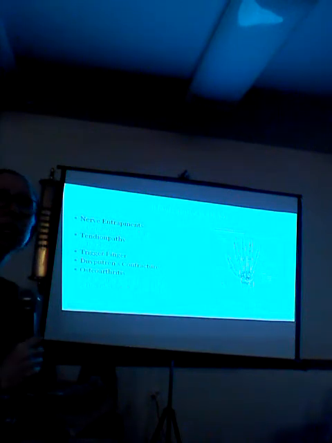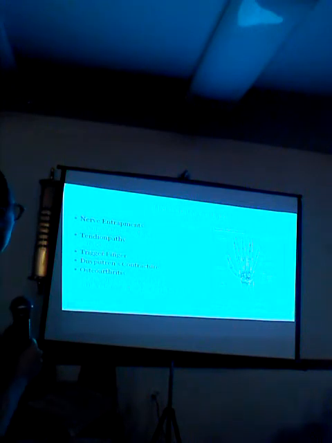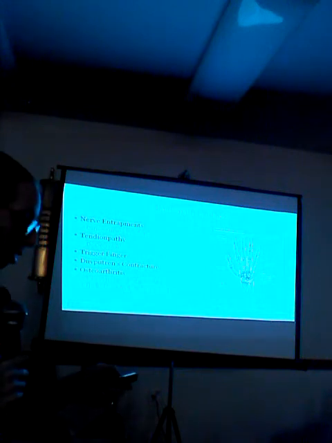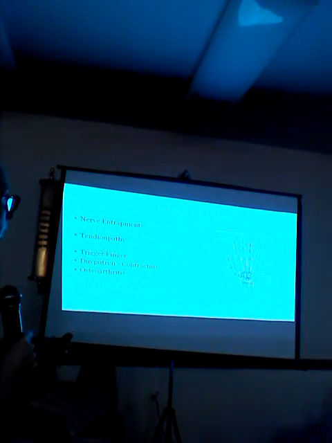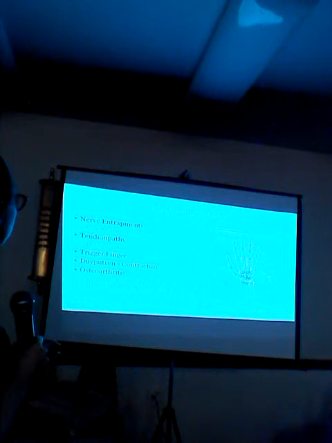Dupuytren's contracture is not as common, but it's very possible that someone in the audience has experienced it or knows someone who has a Dupuytren's contracture. And osteoarthritis is common in the hand. There are 2 regions in the hand that are particularly affected. Since I don't want to talk about osteoarthritis now, I'll get to some pictures later. We'll come back to it.